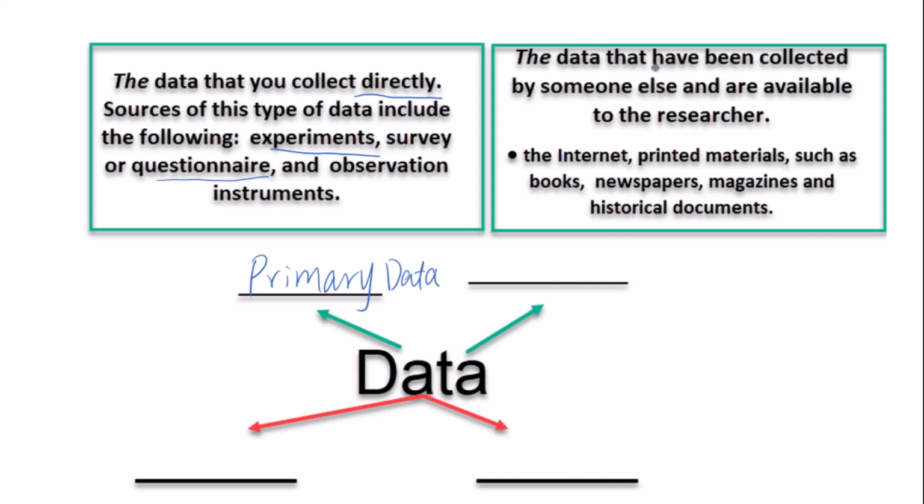The data that have been collected by someone else and are available to the researchers. For example, the internet, printed materials such as books, newspapers, magazines, and historical documents. We call this kind of data secondary data.